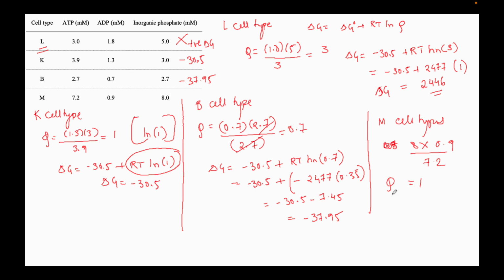This will be again 1. So we already computed for 1. This is also 30.5. So the highest magnitude of delta G is the B cell type. Okay, so the answer is B. Any questions?